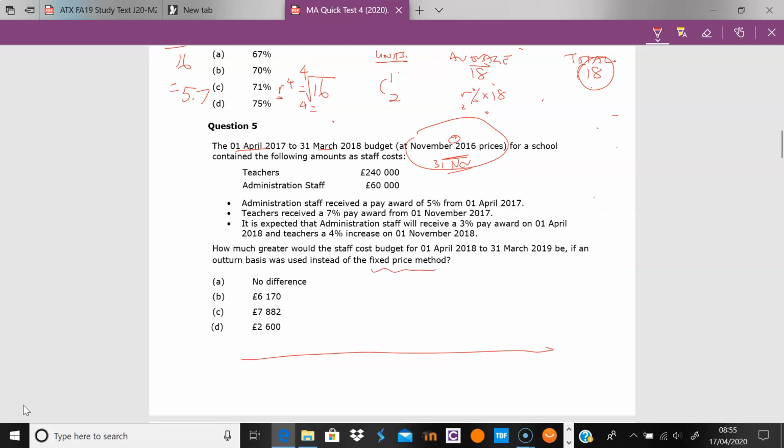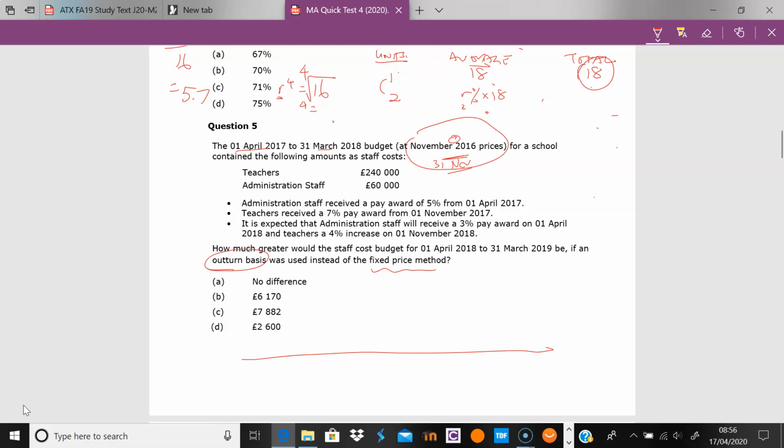Now we might have some expected information, some future information, some contingency information that we could know, but we don't apply it. We just leave it. That's the fixed price. But if we do apply it and say, listen, we know this is also going to happen, even though it's not happened at the date of our meeting, if we want to apply it, we would be including that, and that's referred to as the outturn basis.